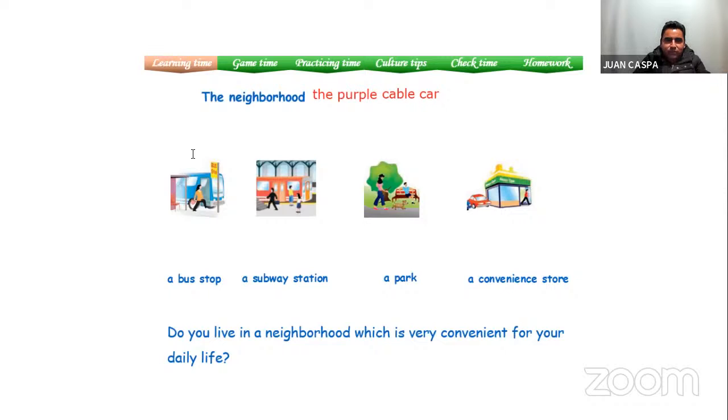Probably we can find in a neighborhood, for example, usually there are some stores, right? It is possible to find, okay, a drugstore, right? A drugstore.